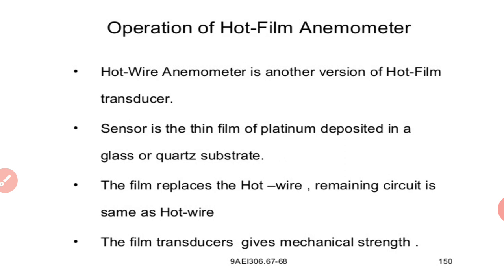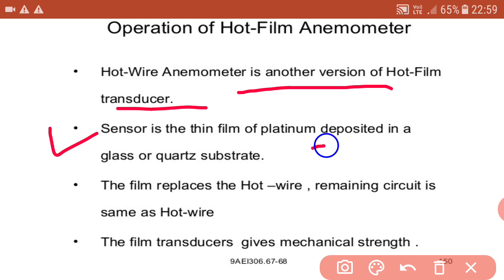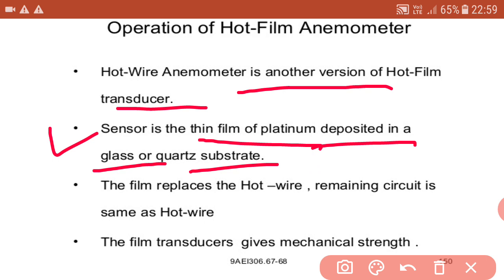Operation of the hot film anemometer. Hot wire anemometer is another version of the hot film transducer. The sensor is a thin film of platinum deposited on a glass or quartz substrate.